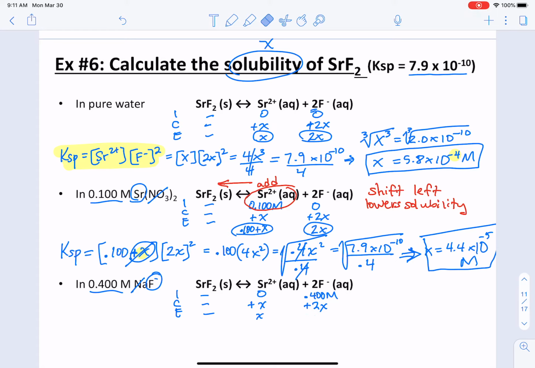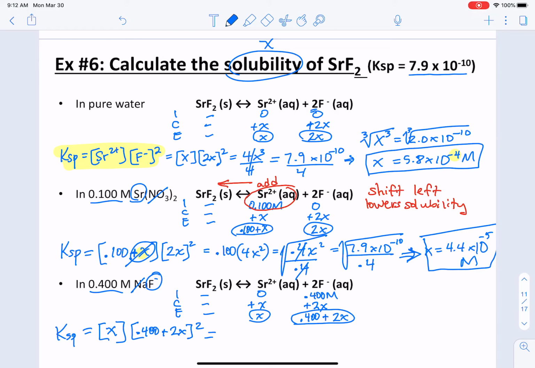If I'm adding these two up, 0.4 plus 2x is the concentration of fluoride at equilibrium. So I am plugging into that same Ksp expression that we had in the past. Strontium is represented by x, and fluoride, I'll plug that in, 0.4 plus 2x, and that's going to be squared.